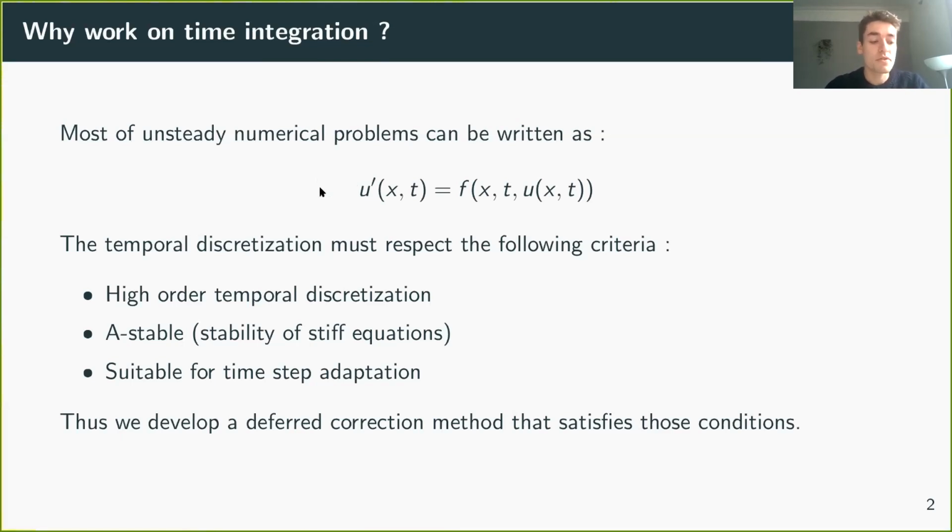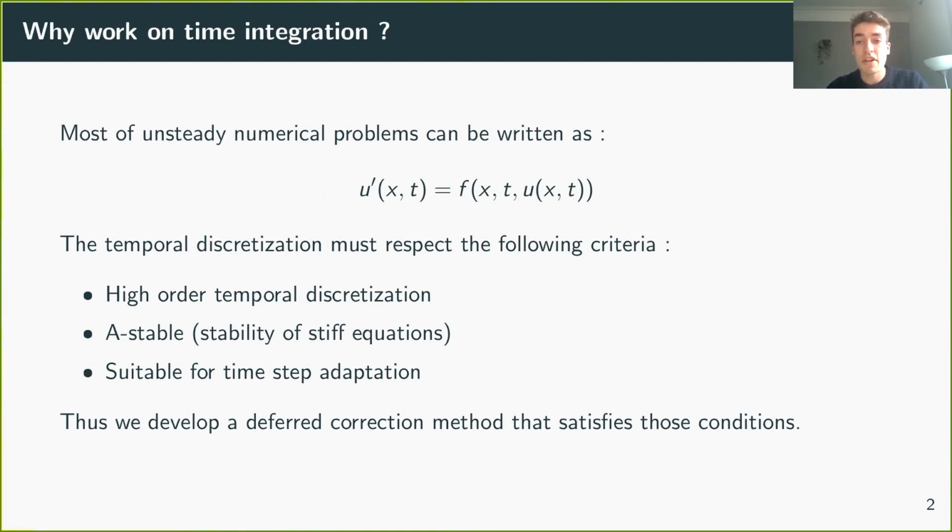We have different methods for that. We can use the Runge-Kutta approximation or the BDF approximation, for example, but we want to develop a method that respects some criteria. For example, we want a high-order temporal method, but also an A-stable method, very useful to assure the stability for stiff equations.